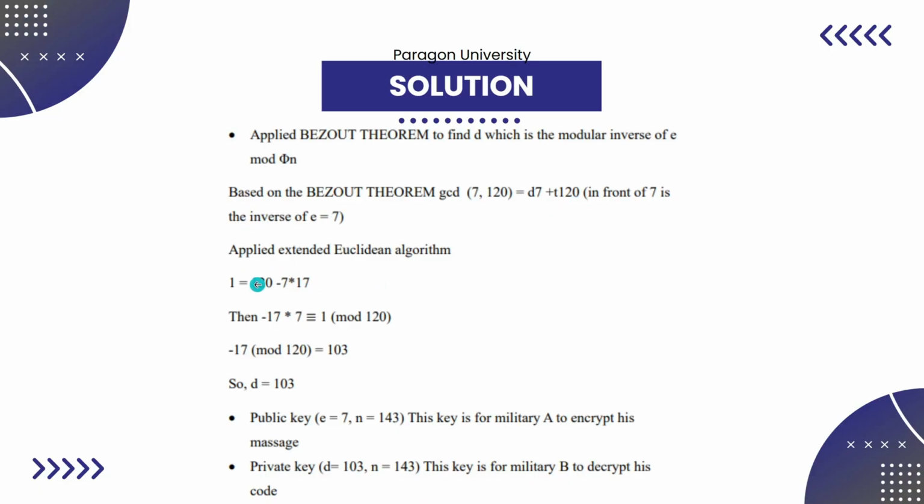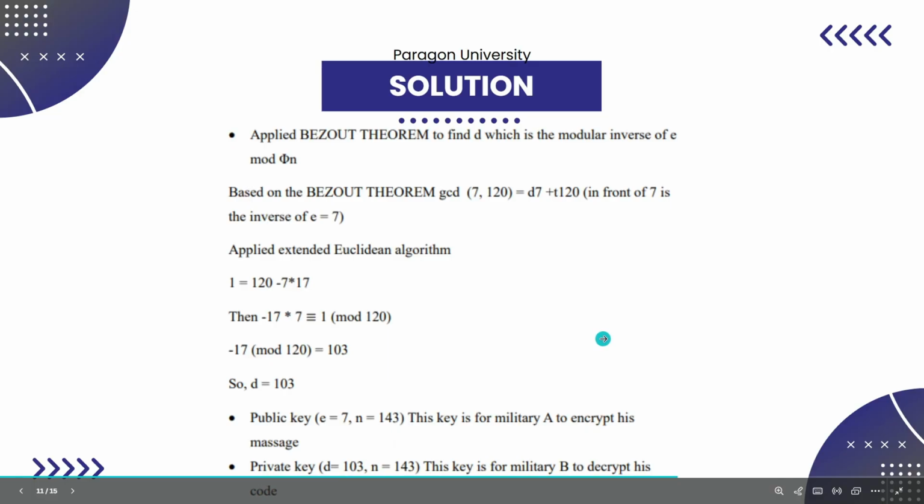We apply the Euclidean algorithm again, but we need to use this to find the inverse. So 1 equals 120 minus 7 times 17. We can see that minus 17 times 7 is congruent to 1 mod 120, and we can write it in another form. So d equals 103, because minus 17 mod 120 equals 103.